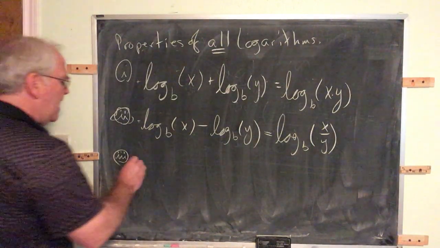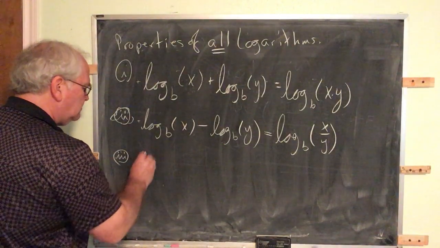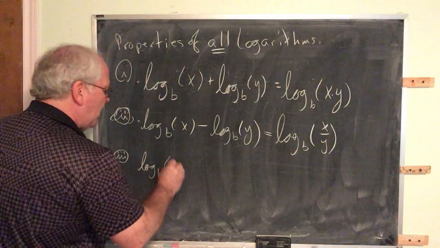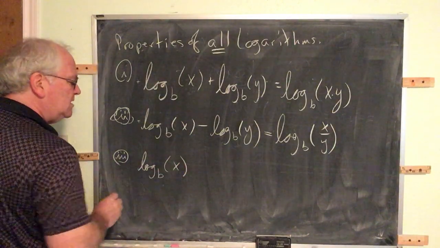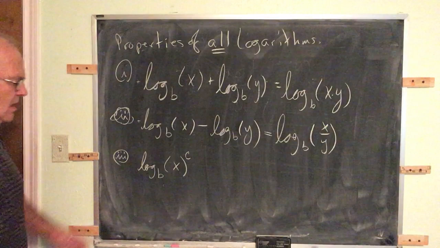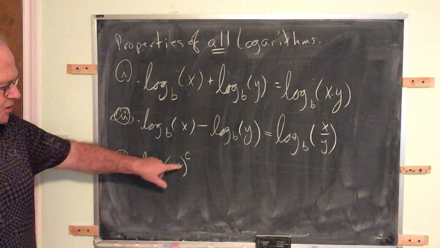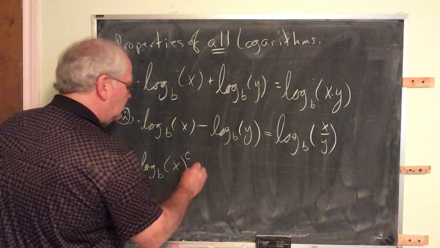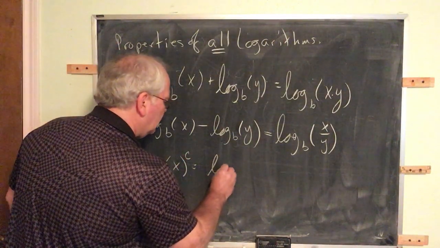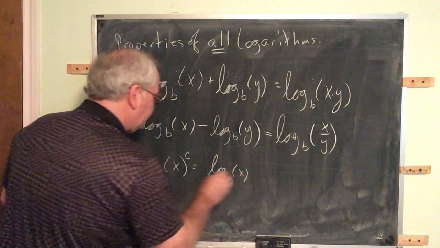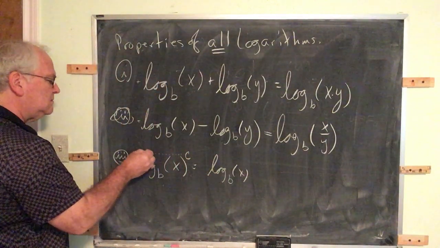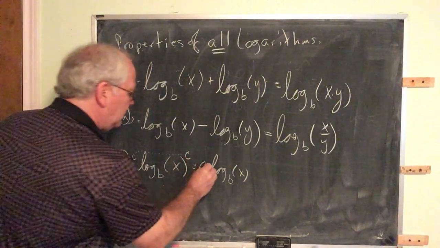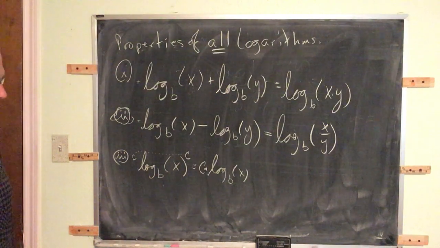It says this: if you take the log, and it can be any base, of x raised to some power, log base b of x to a power, and this can be any expression raised to a power, then you may write the exponent as a coefficient in front of log base b of x.